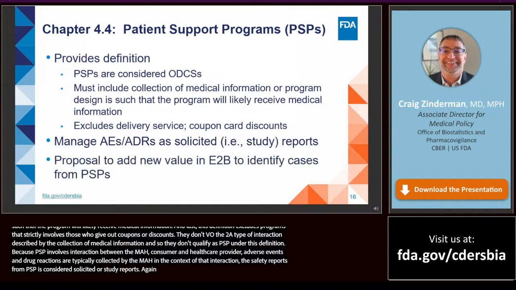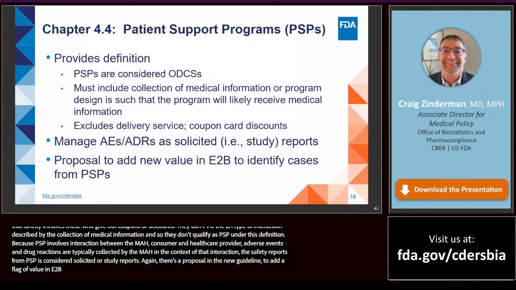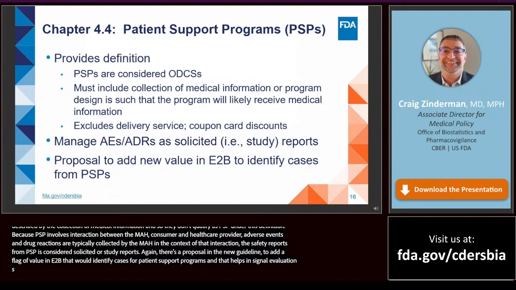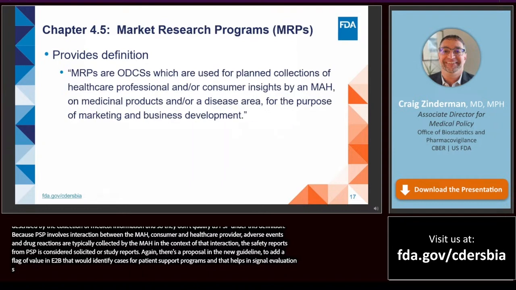And again, there's a proposal in the new guideline to add a flag or value in E2B that would identify cases for patients from patient support programs, and that would help in signal evaluation. And the last source of post-approval safety information that I'll mention are market research programs, or MRPs. As with PSPs, this definition is new.